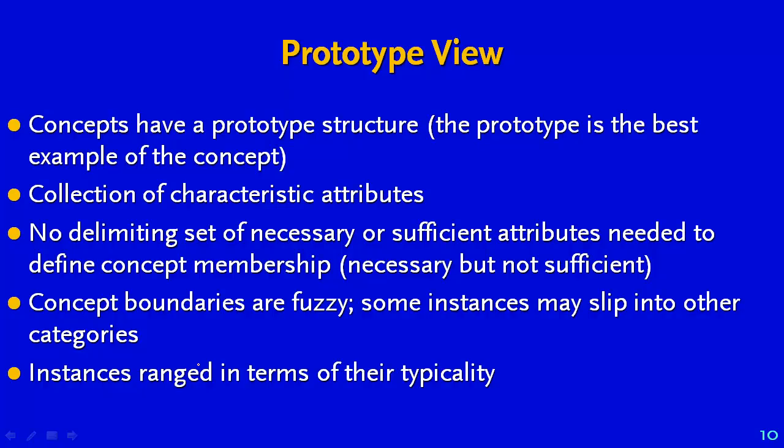To make a long story short, a collection of characteristic attributes. So there's no set of necessary and sufficient attributes in order to say that, for example, a pigeon is part of the bird family. They're necessary but not sufficient. So it's a bit fuzzy. Some instances may slip into different categories.